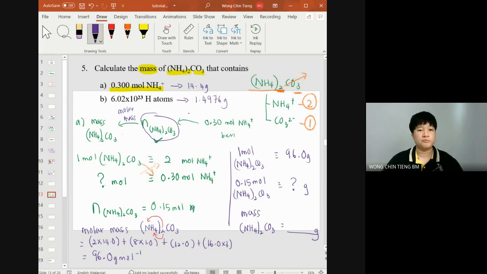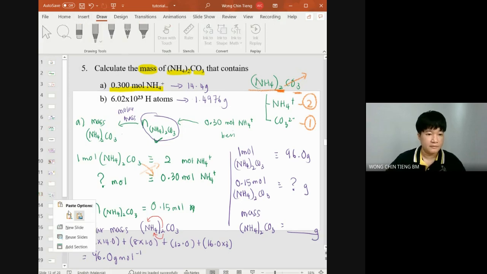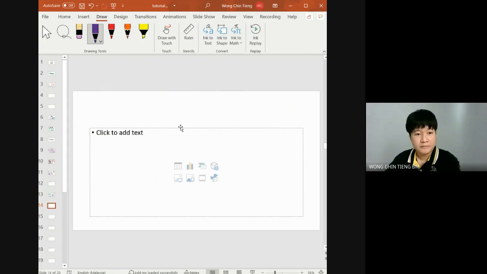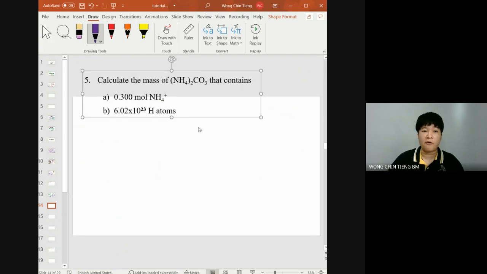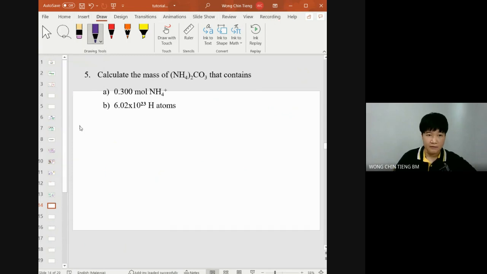Okay. So, B pula. So the problem in B right now is the question did not give you in the form of mole tapi soalan bagi dalam bentuk atom. Okay. Sama soalan masih nak mass untuk your ammonium carbonate.